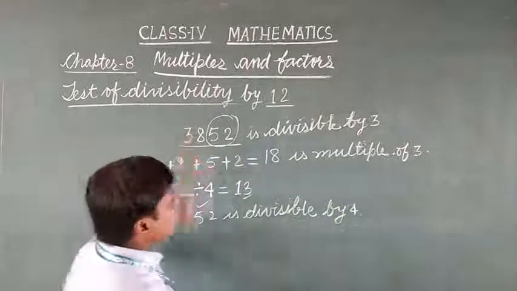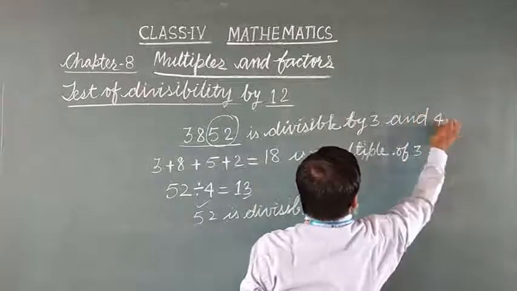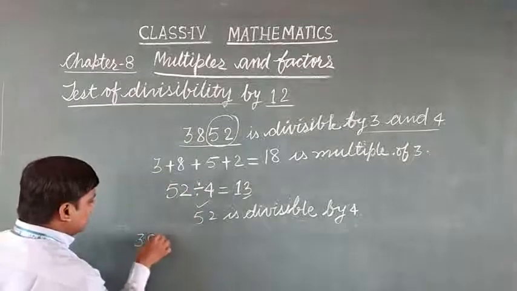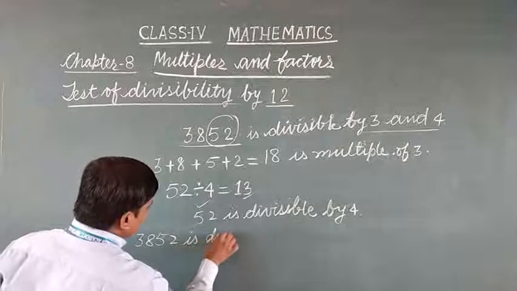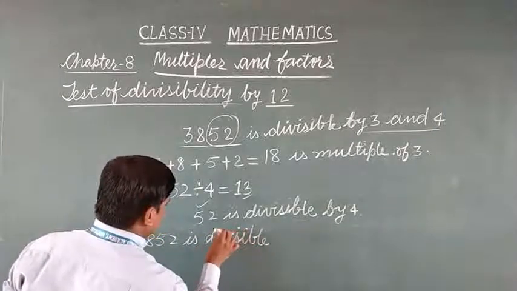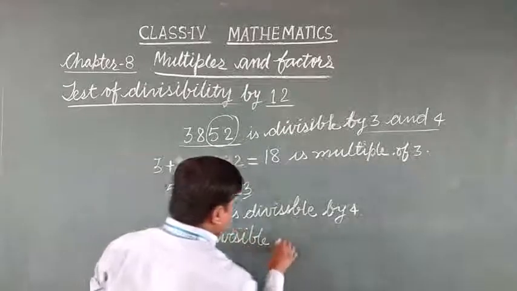Therefore, this number is divisible by 3 and 4. And that is why 3852 is divisible by 12.